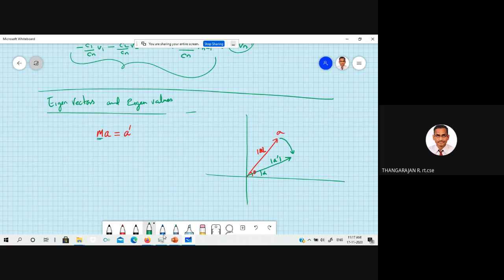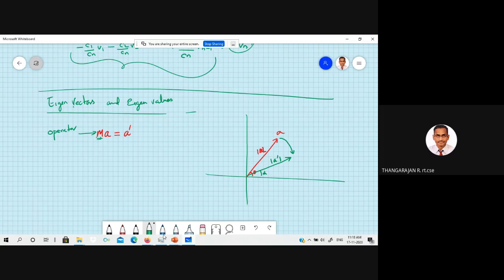But there are some special vectors called eigenvectors for any matrix M. I'm using the matrix as a synonym for operator. For any operator matrix M, there are some vectors which are eigenvectors. Those vectors, you cannot change the direction.